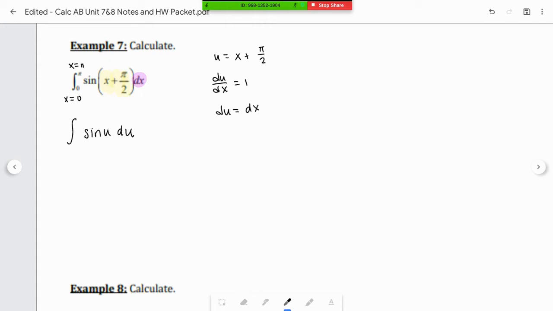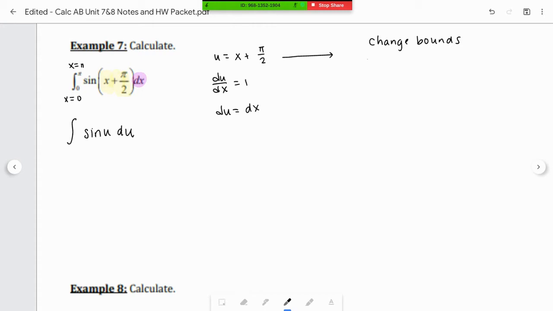Changing my bounds is going to be done based off of our u substitution equation. So you see that it tells us that u is equal to x plus pi over 2. Well, if our x is pi and our x is 0, that's what we're going to use to determine our new bounds in terms of u.